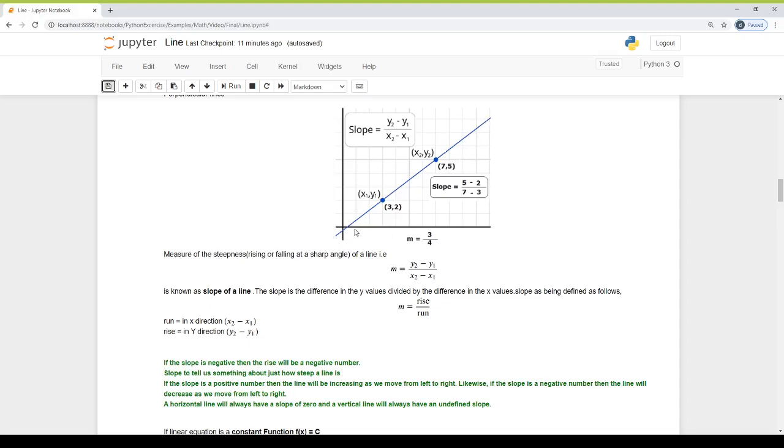As we go from left to right, the slope is a positive number. If the slope is a negative number, then the line will decrease as we move from left to right. For example, if m is equal to minus 3 by 4, then it will go in this direction.